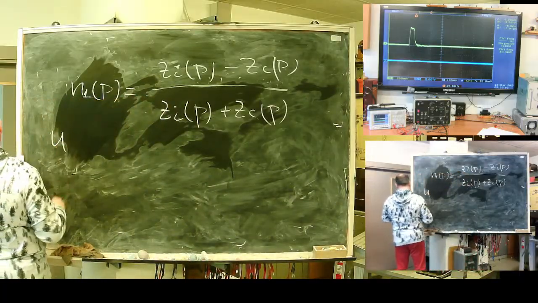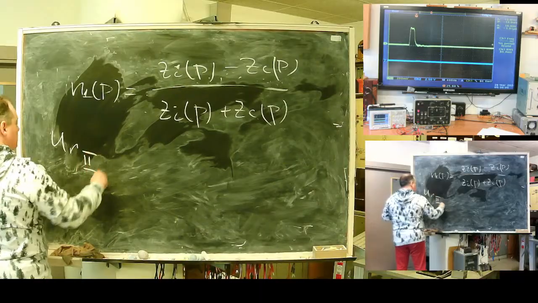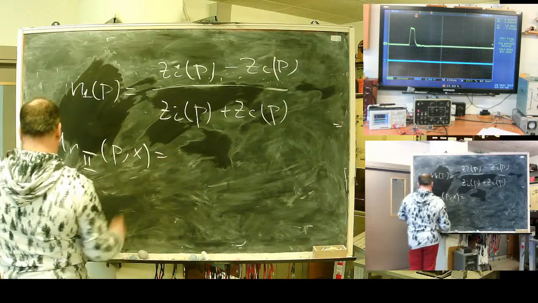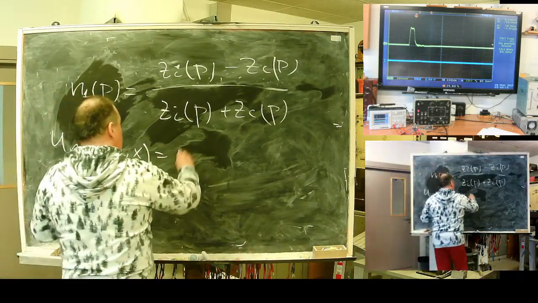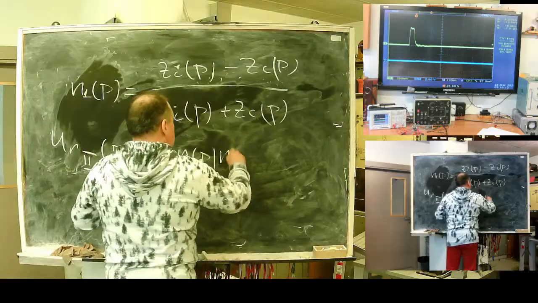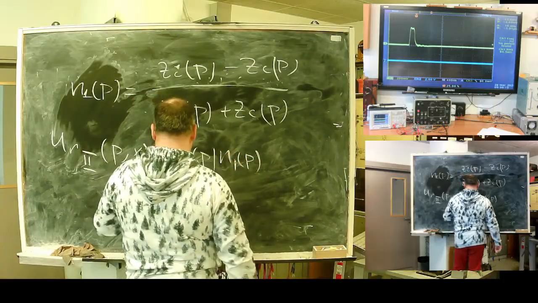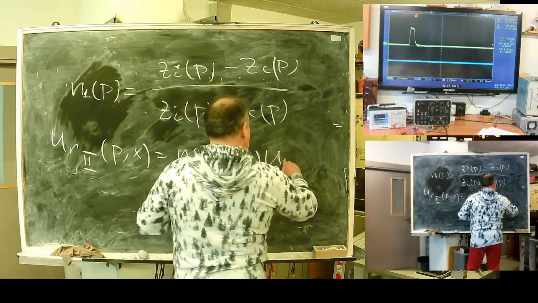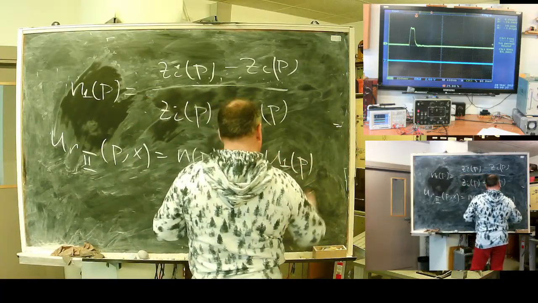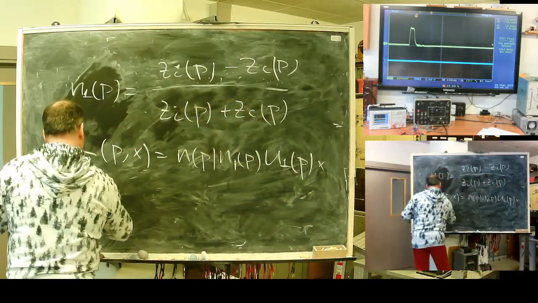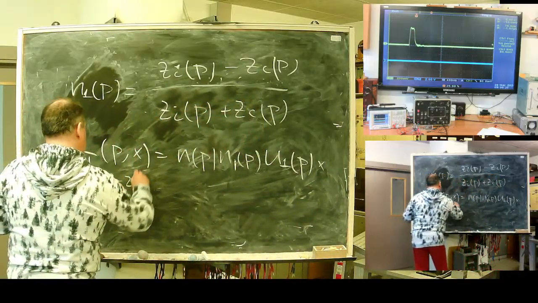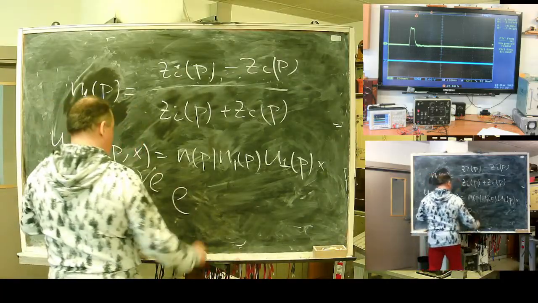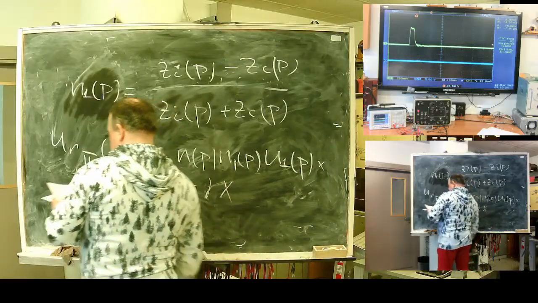So this second returning wave will be first reflection ratio, second reflection ratio, multiplied by A power minus double propagation factor A power minus propagation factor x.